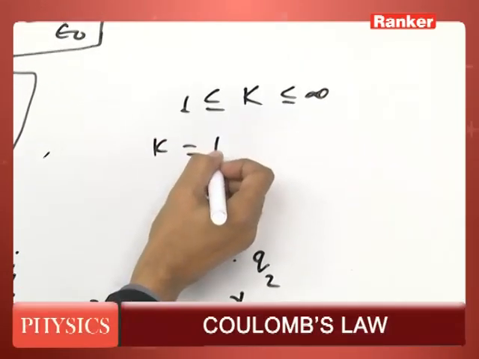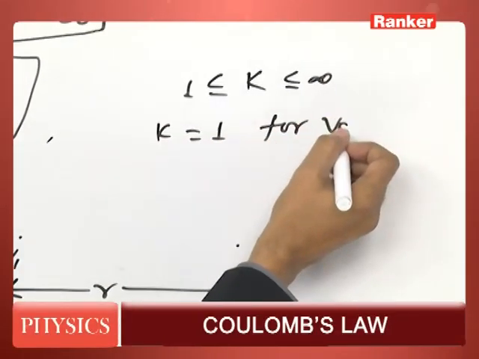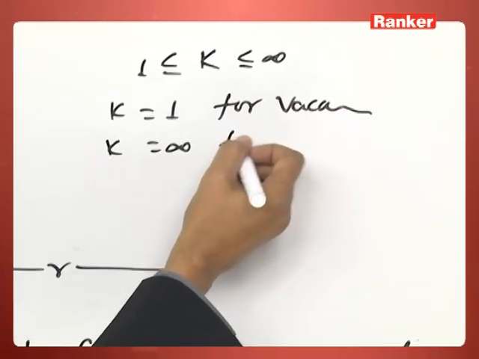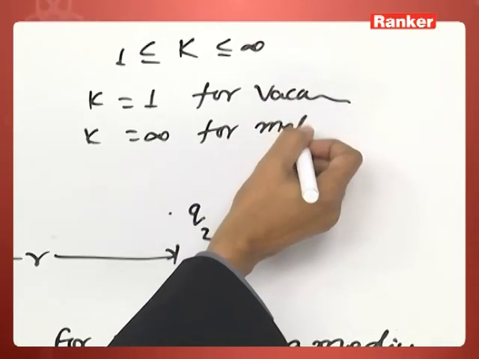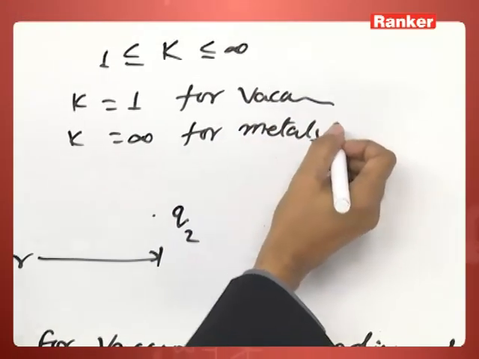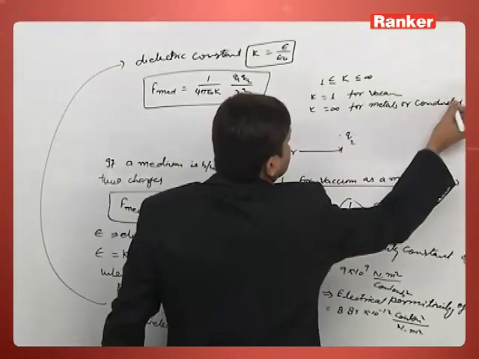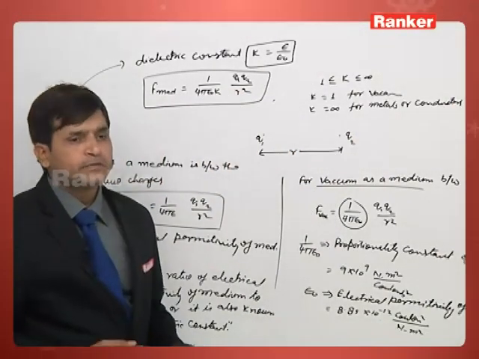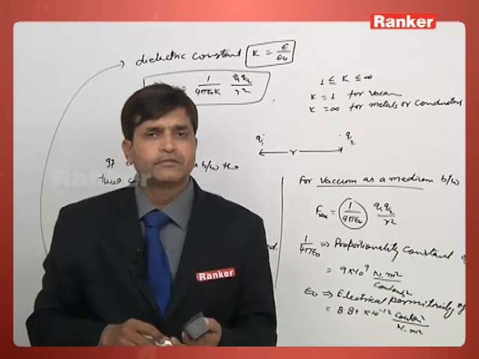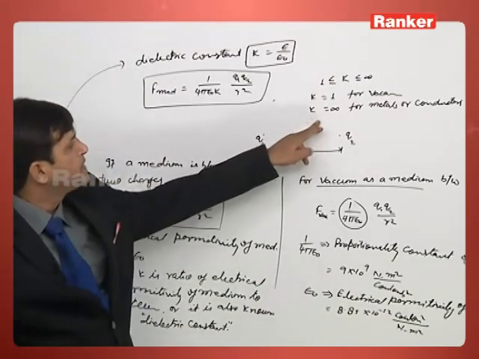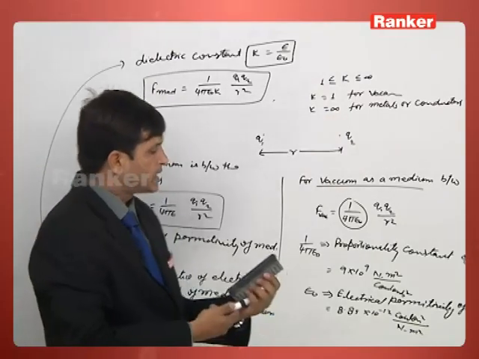K is equal to 1 for vacuum or free space, and K is infinity for metals or conductors.